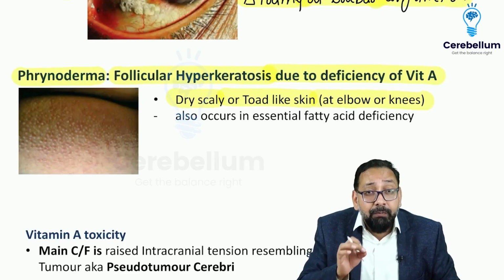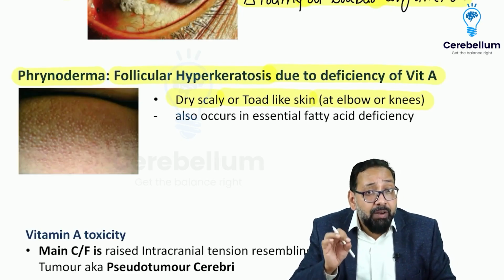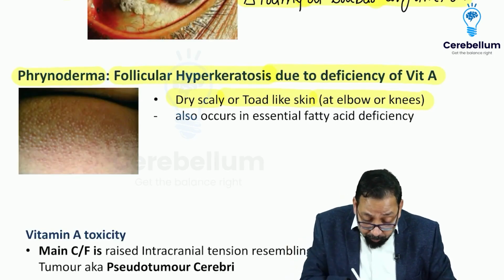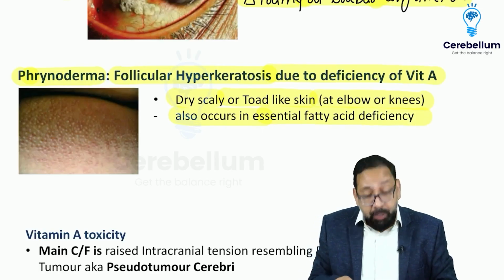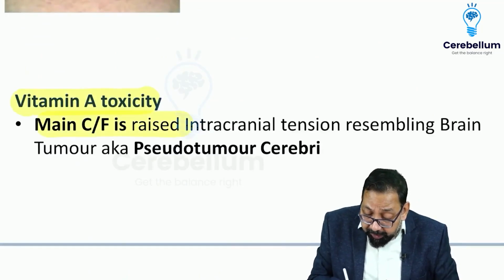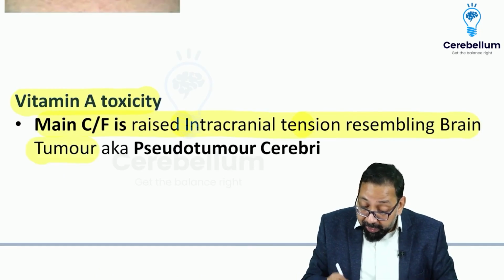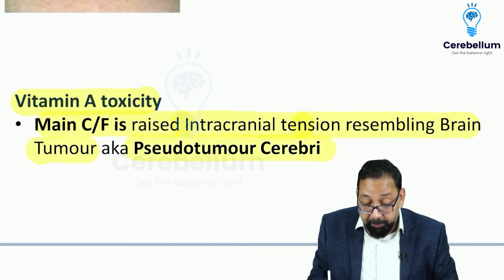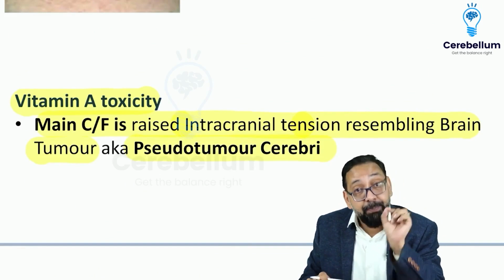And we found that phrynoderma is also associated with essential fatty acid deficiency. So phrynoderma also occurs in essential fatty acid deficiency. Vitamin A toxicity: clinical feature is raised intracranial tension resembling brain tumor, so known as pseudotumor cerebri. So vitamin A toxicity leads to pseudotumor cerebri.